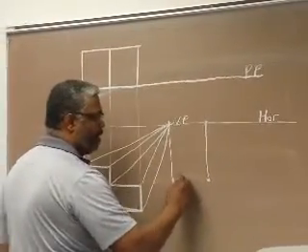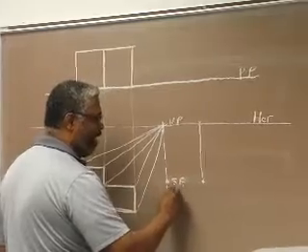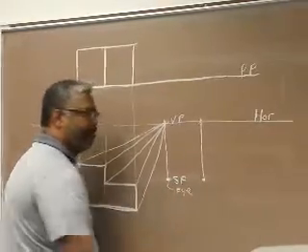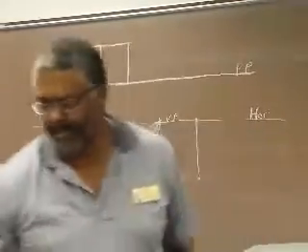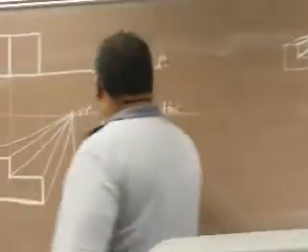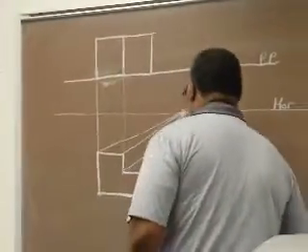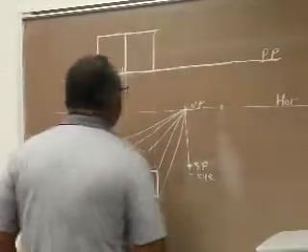So this is my station point. This represents the eye of the viewer. So all of these are variables that can change.